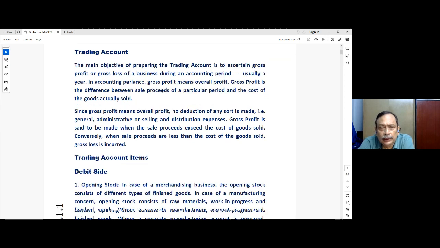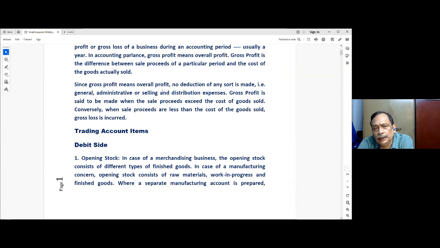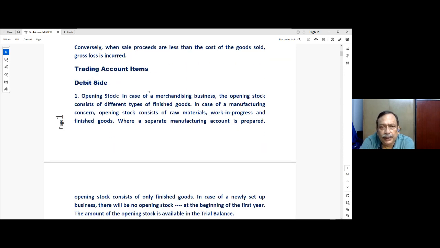Now, we are going to consider the trading account items one by one. If you want to prepare the trading account, being a ledger, it has two sides, debit and credit. In terms of the debit side, we have, number one, opening stock.